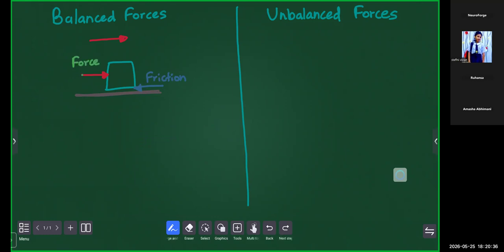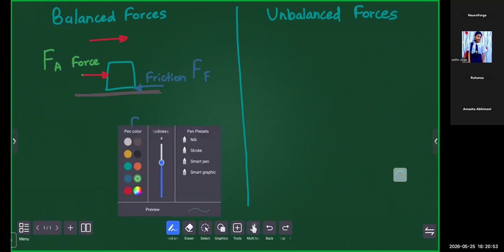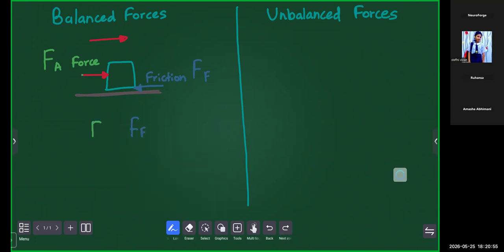Let's think we applied force as FA and frictional force as FF, F friction. FF is equal to FA. What will happen? Any idea?